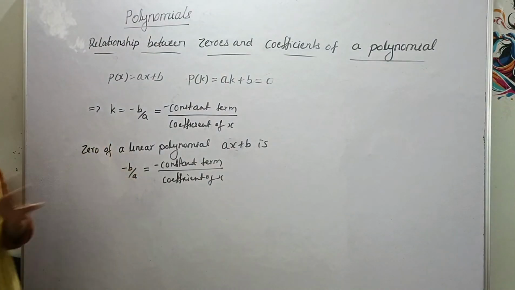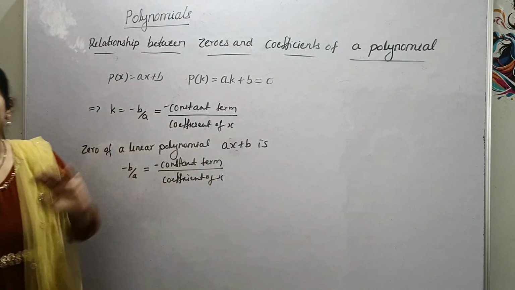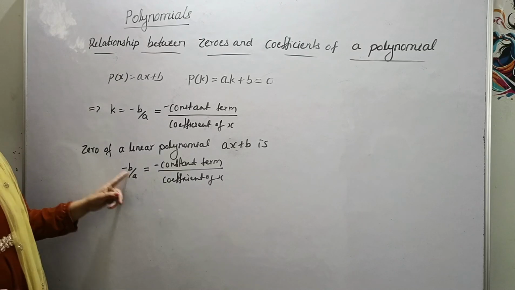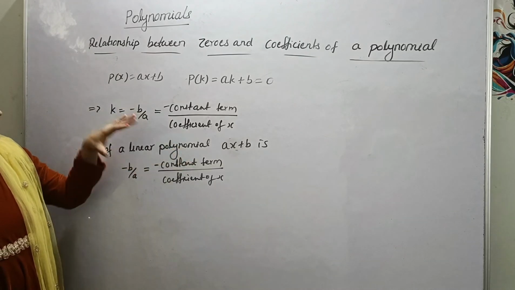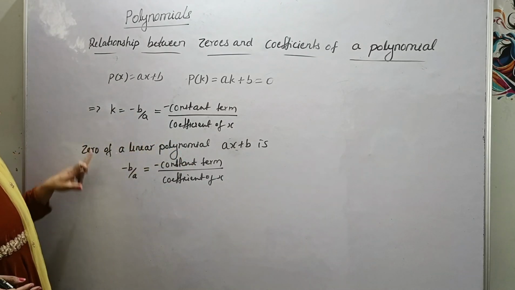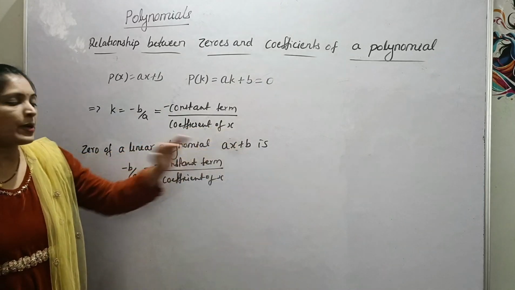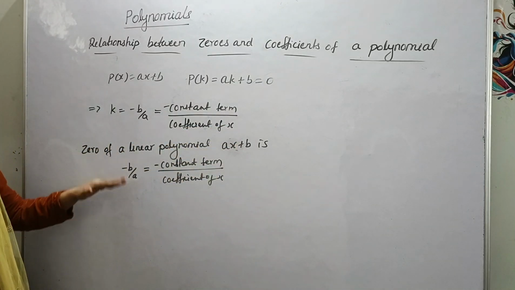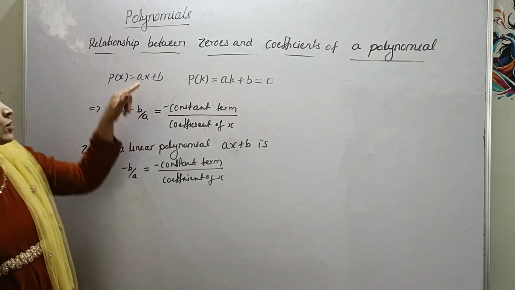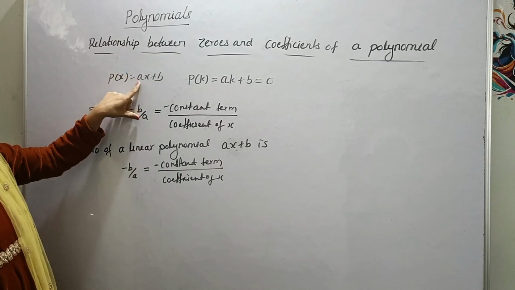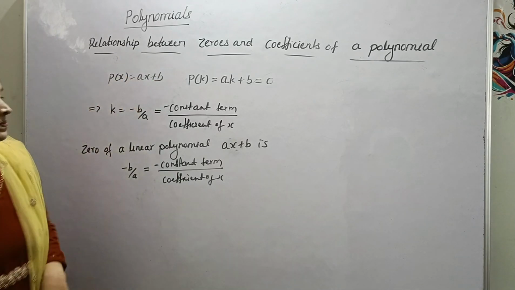Okay, it is the relationship between 0 and the coefficient of variables. Okay, that is, linear polynomial case, 0 of a linear polynomial ax plus b is minus b by a is equal to minus of constant term divided by coefficient of x.